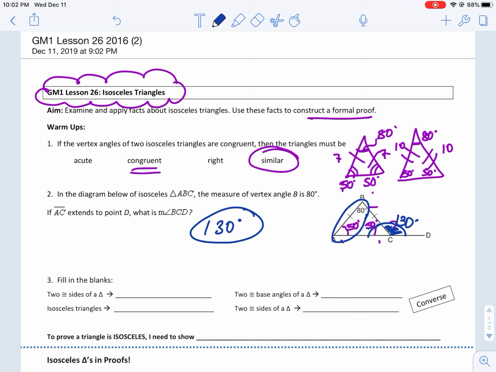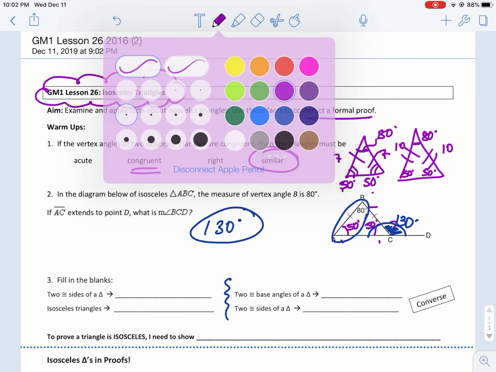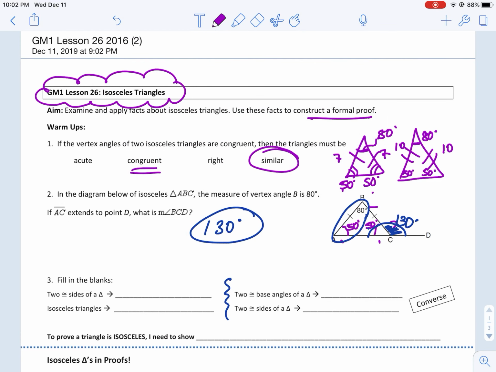All right, number 3, I'm just going to go through with you. These are just a reminder of some of our have-gets for isosceles triangles. Let's look at these first two on the left first. If we have two congruent sides of a triangle, that can be enough to get us to say this triangle must be isosceles.